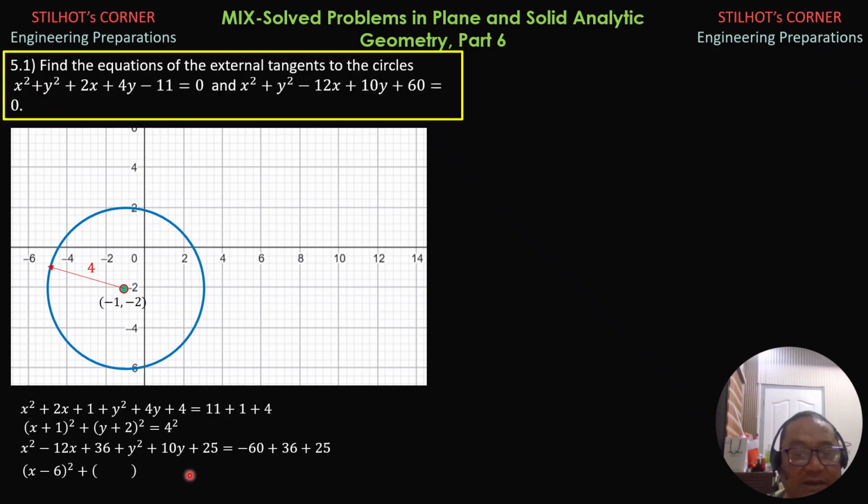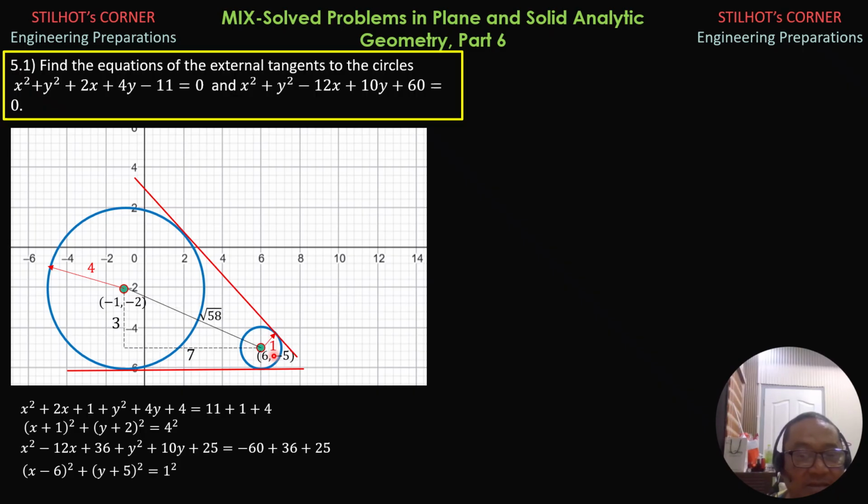So a circle with center at 6 comma negative 5 and radius 1. 6 comma negative 5 here and radius 1 as shown. Then we draw the external tangents as shown. Then another tangent line through the center of the small circle to analyze.